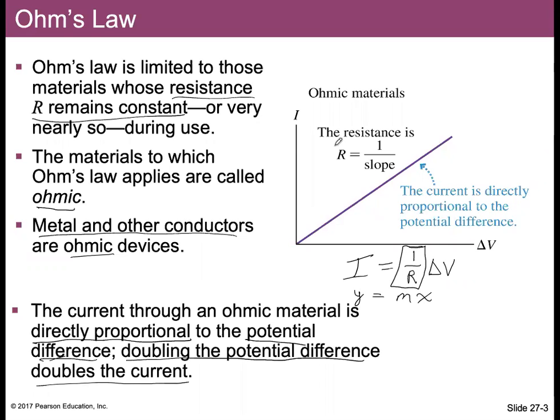So the resistance is equal to 1 over the slope. That shows us that because we have this linear relationship, the current is directly proportional to the potential difference.